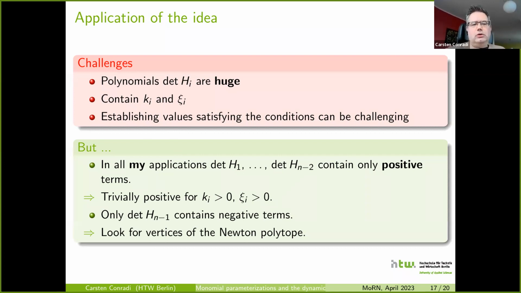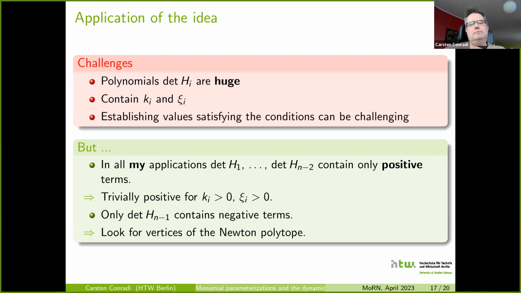And only the one polynomial that I want to be 0, only this polynomial contained negative terms. And so it was straightforward to find points where these conditions are satisfied by looking at vertices of the Newton polytope.